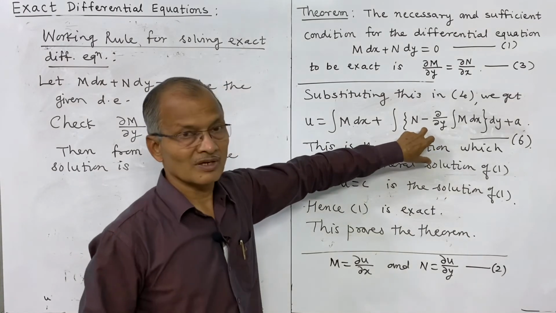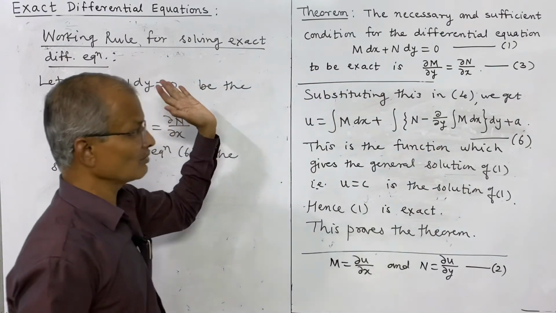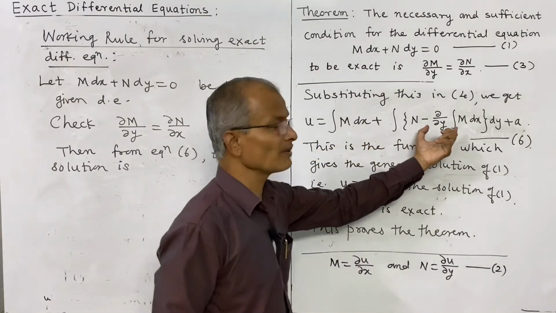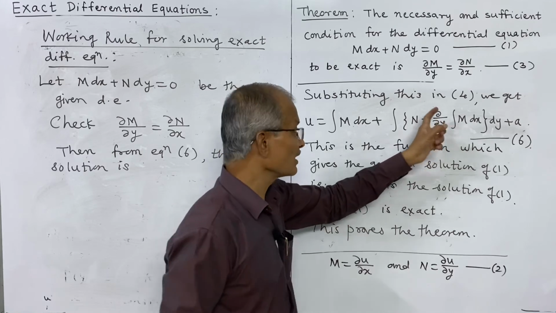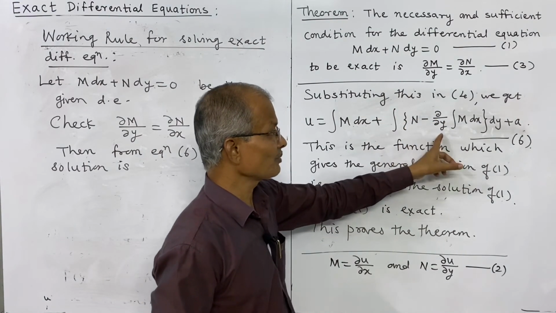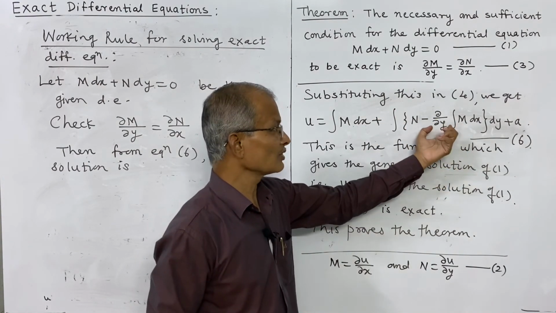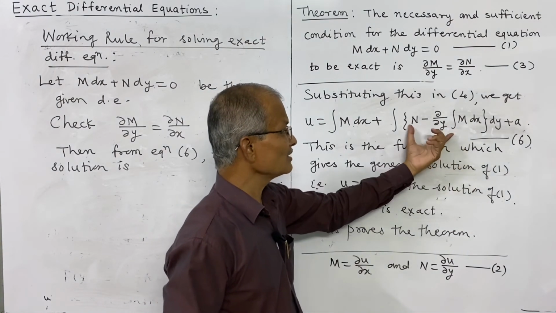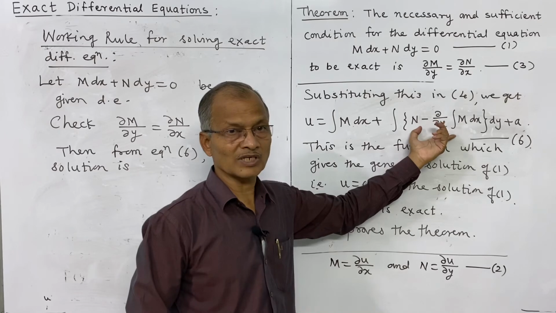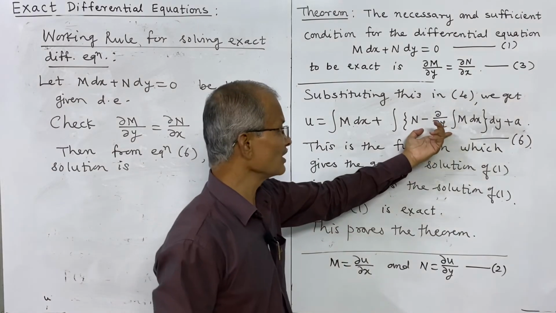We have proved this in equation number 5. This term is free from x, means this term does not contain x. And how we have proved this? Taking the partial derivative of this with respect to x, and that is 0. Therefore this is independent of x, and that means n minus this term is the terms of n which are not containing x. That is the meaning of this part.